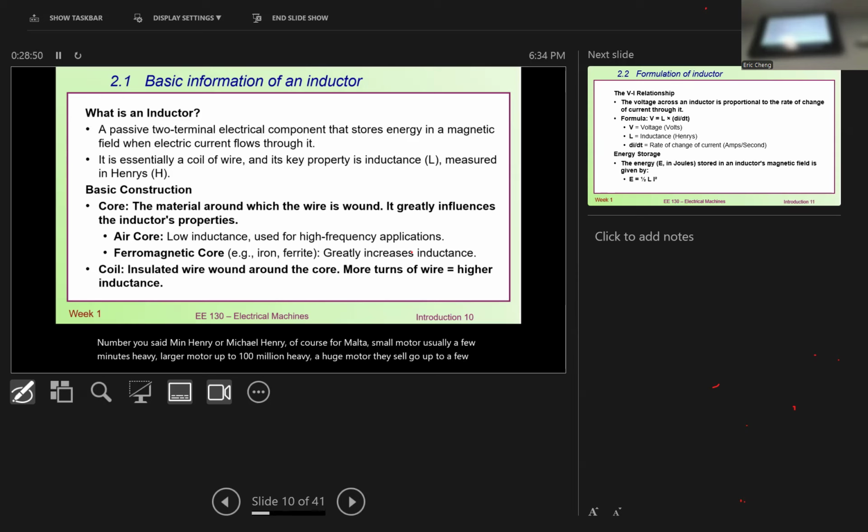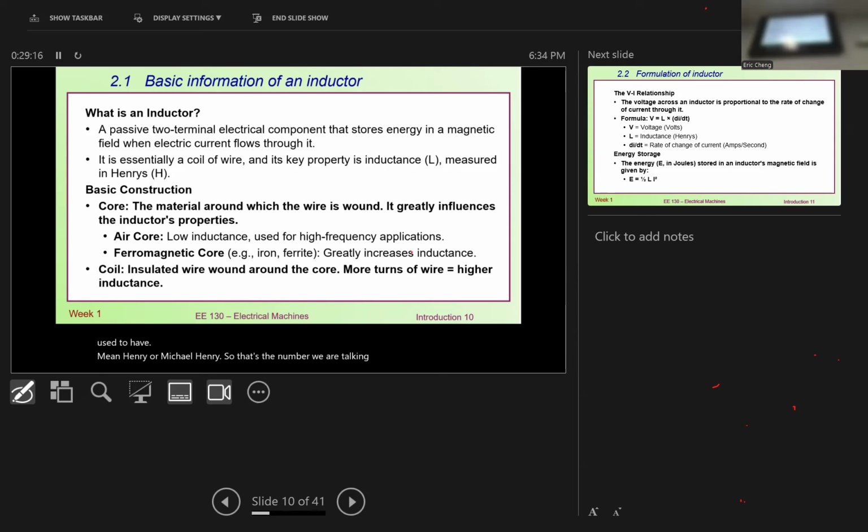For really high frequency motors, we may tend to go to microhenry. For inductors used in circuitry, we don't usually have Henry, we use millihenry or microhenry. So that's the range we are talking about.